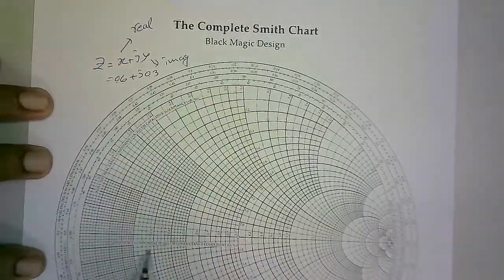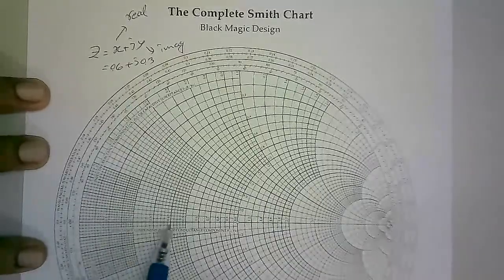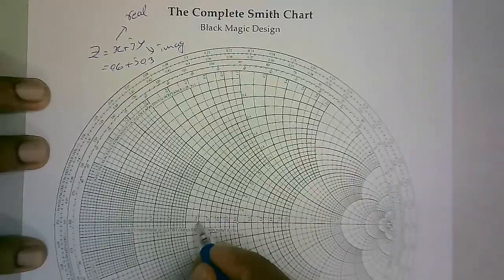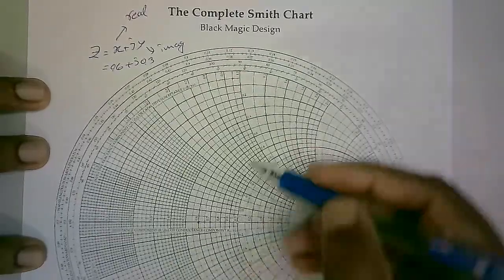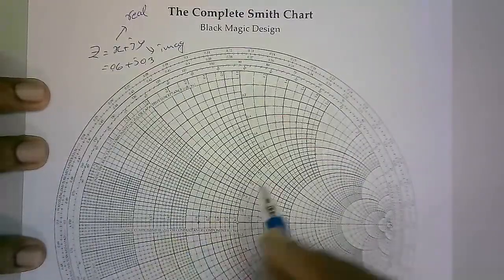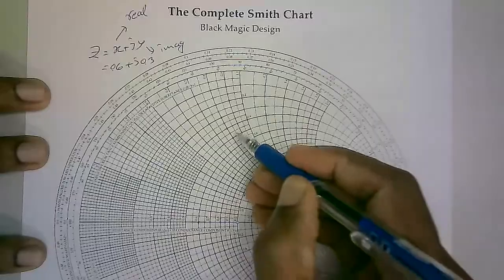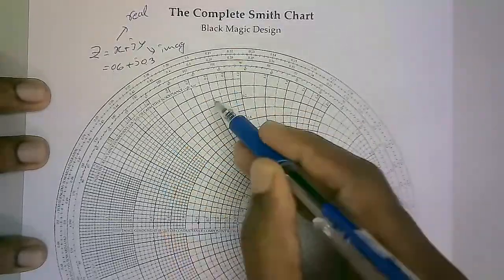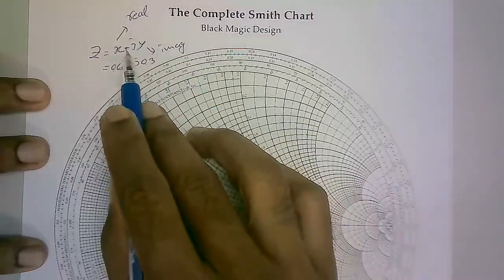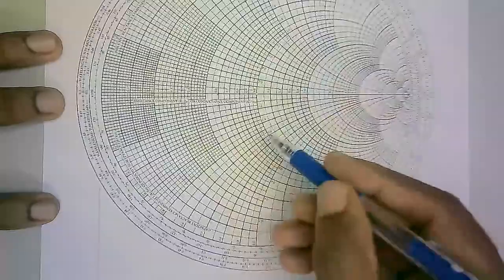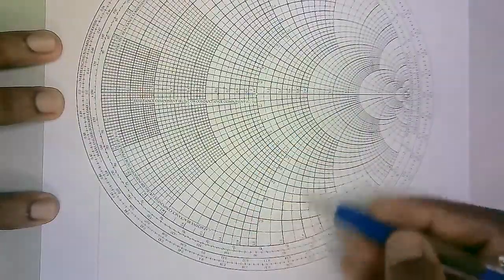So we find it here, 0.6. This is 0.6, and this is the real part, right? Now what about the imaginary part? The imaginary parts are these arcs, the imaginary arcs. If it's a positive one, then we plot it up. If it's a negative one, then we plot it at the bottom.